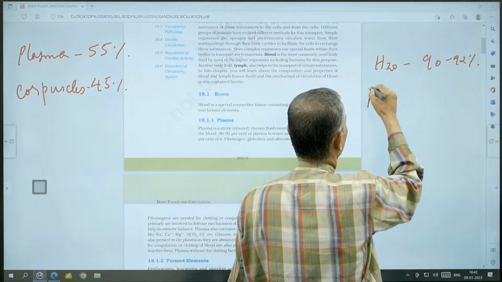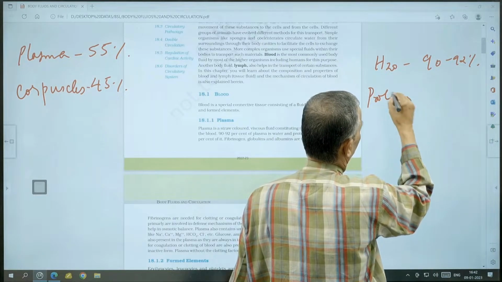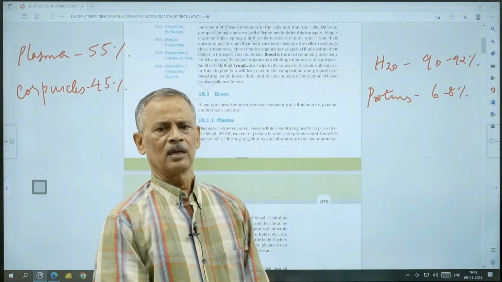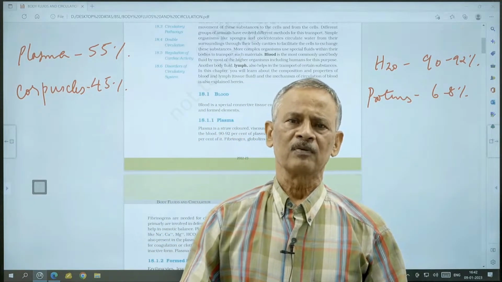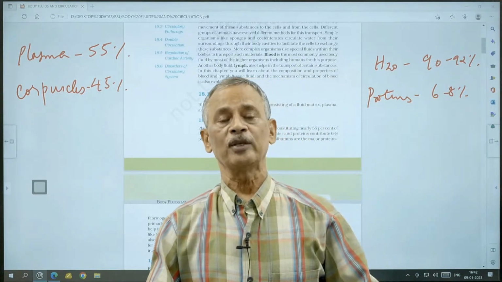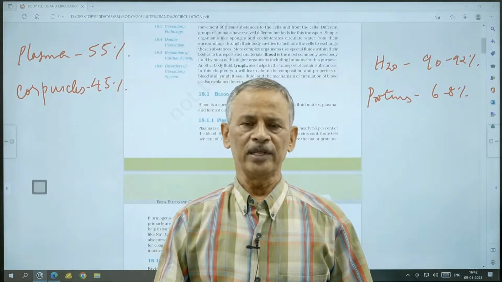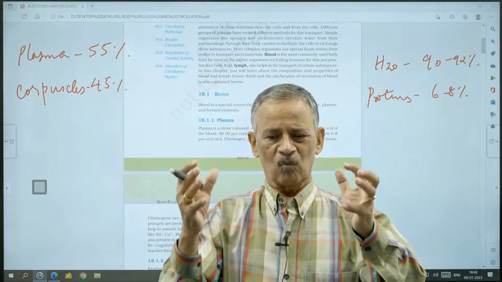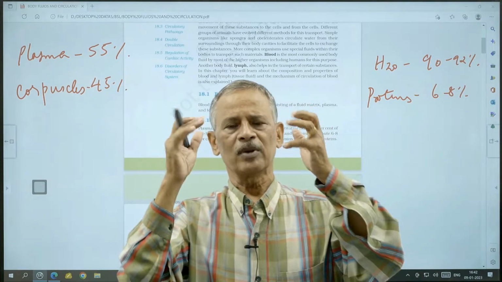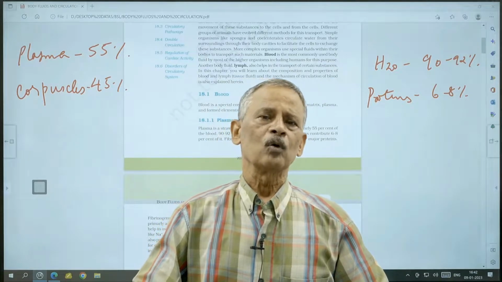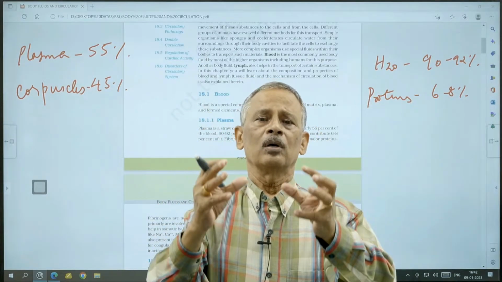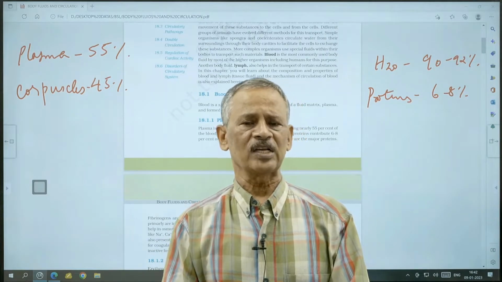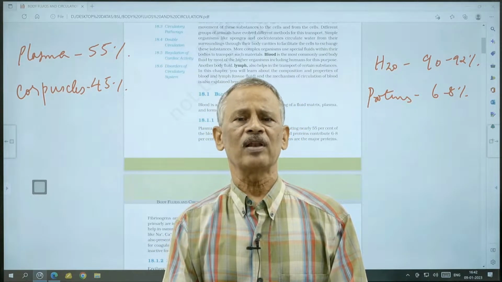We have proteins, 6 to 8%. Of these proteins, 3 are very important and unique, namely albumin. Albumin is responsible for the water holding capacity of the blood. It controls the osmotic capacity or water holding capacity. It is concerned with maintenance of water level in the body.